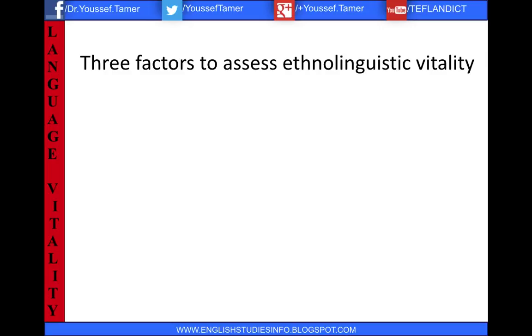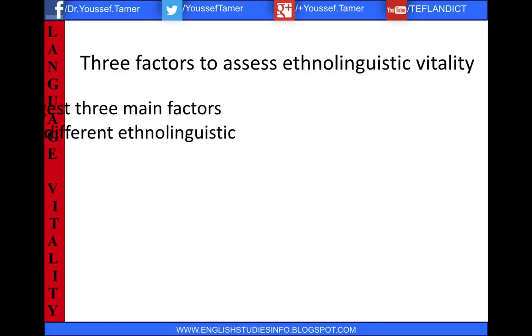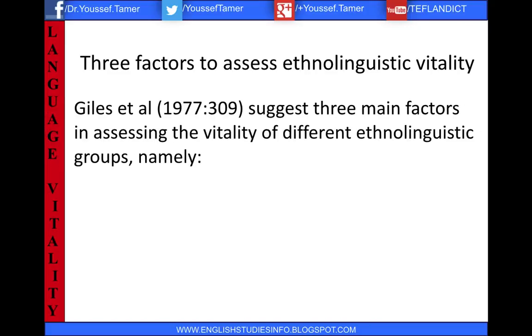And another version of factors that can be used to assess ethnolinguistic vitality, you have Giles, 1977. He suggests three main factors in order to assess the vitality of a language.